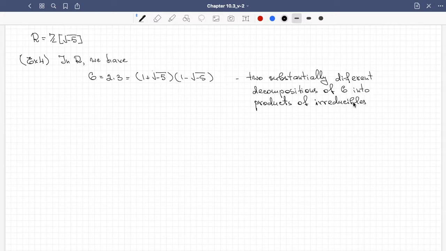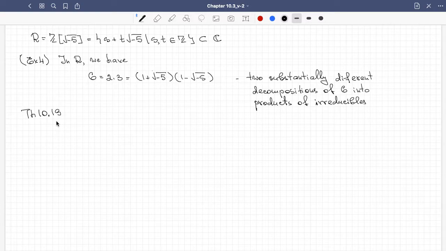Let me recall what we'll use for this to check all that. We have theorem 1019. Let me recall that this ring as a set is s plus t root of -5, s and t are integers, and we consider all that as a subring of the field of complex numbers.